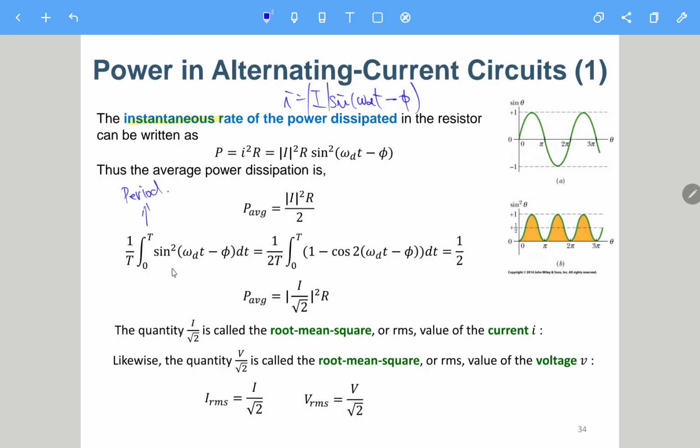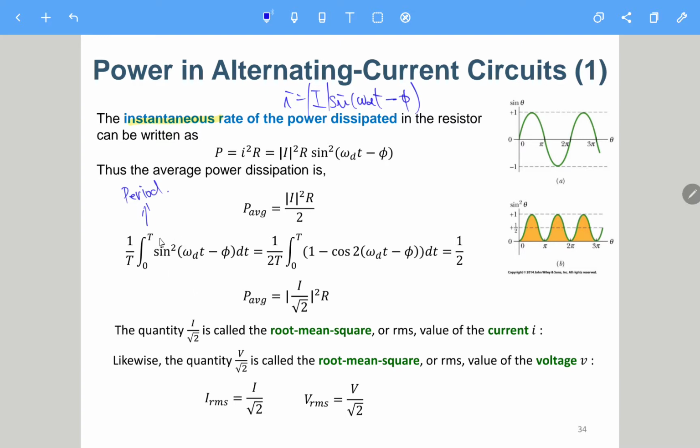So you integrate this term, the sine squared, from 0 to capital T, and then divide the whole term by T. Then it will be the average power. Taking the integration is like taking the area of a period.